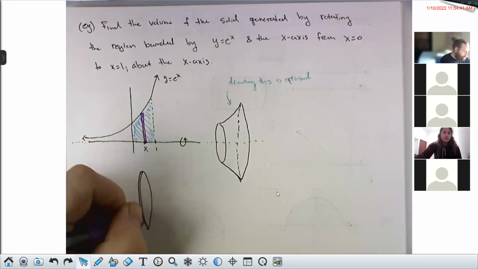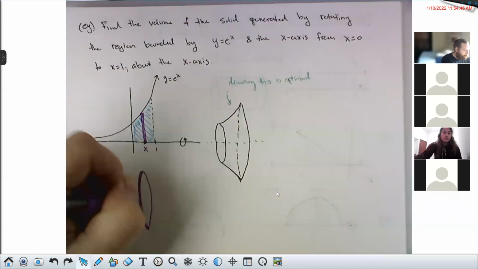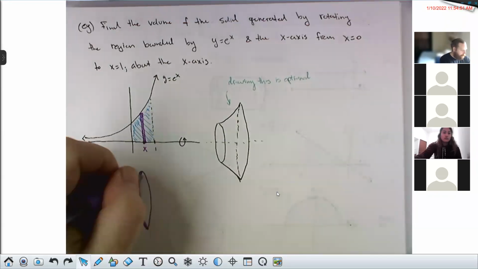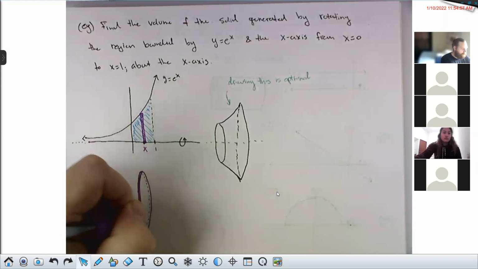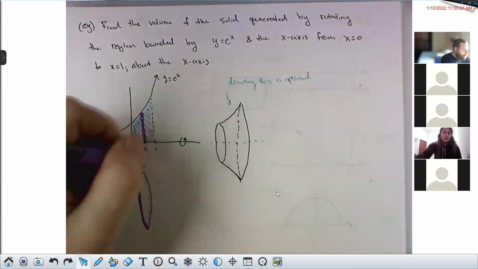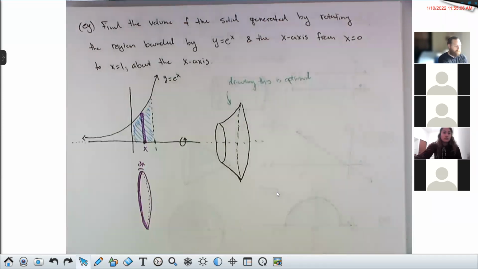All right, I'll show you the washers later. Here's the disk we get from rotating just that little strip. It has a very thin thickness to it. That thin thickness we call dx.